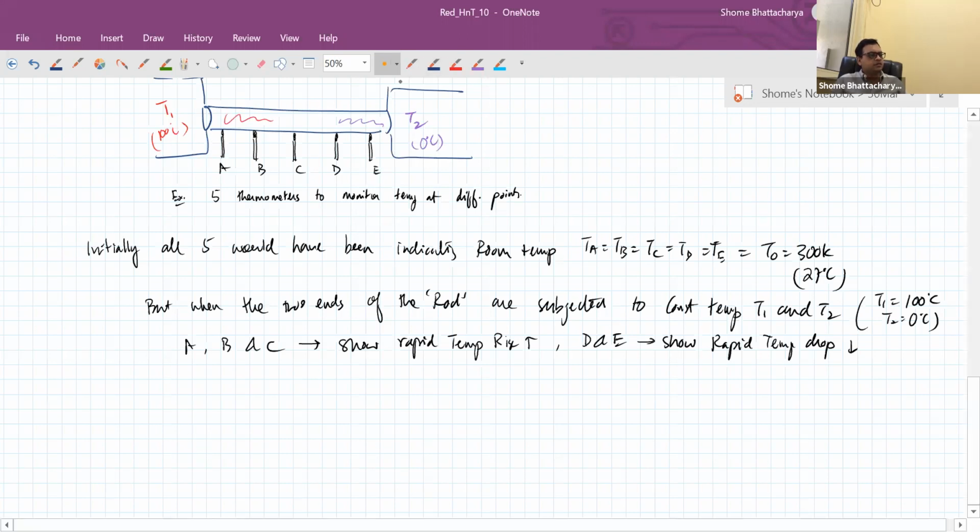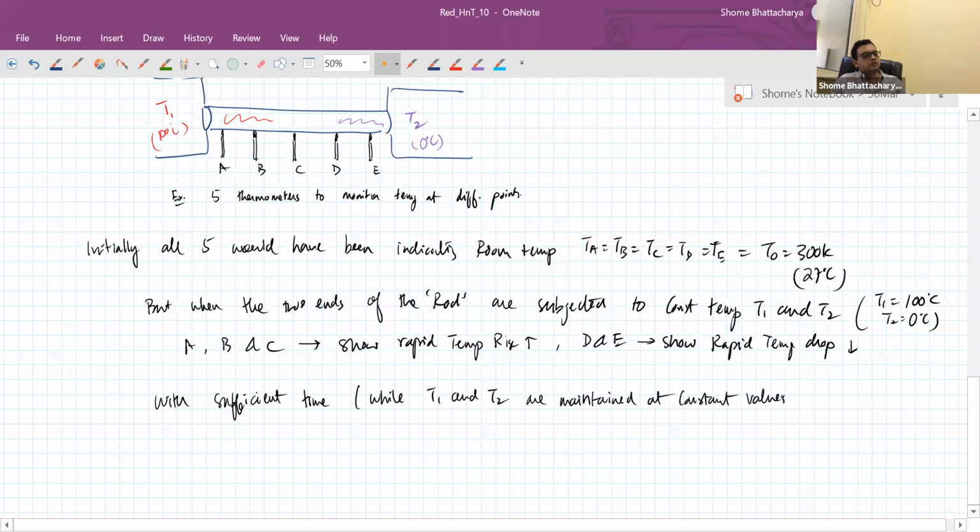And eventually, with sufficient time, while T1 and T2 are maintained at constant temperature, the temperatures of every other point also stabilize.